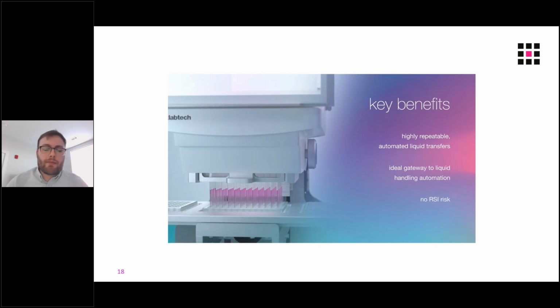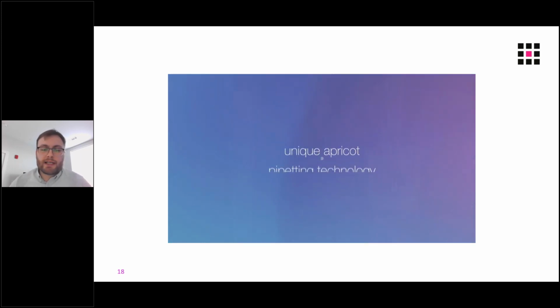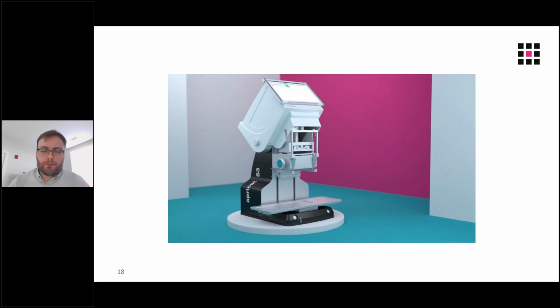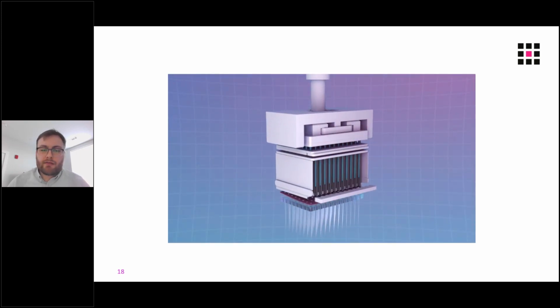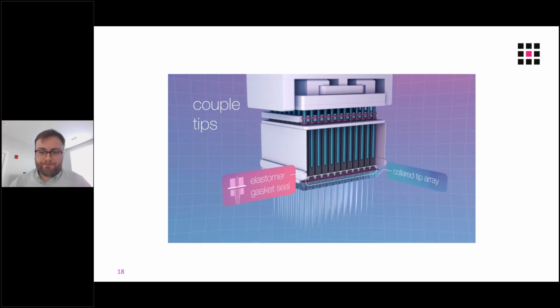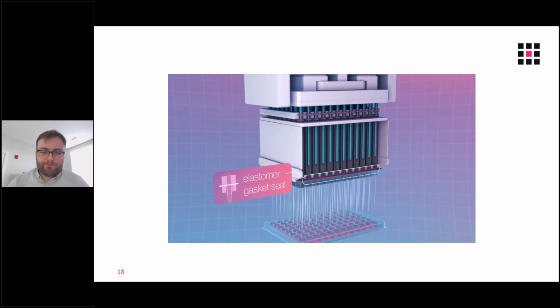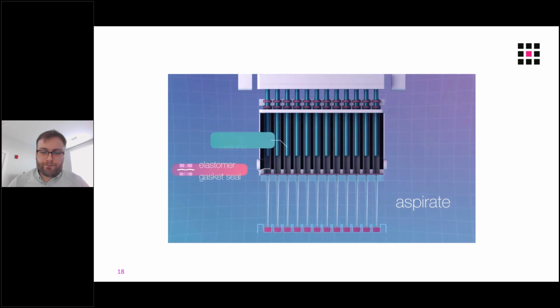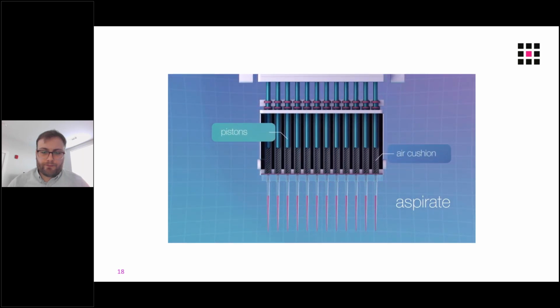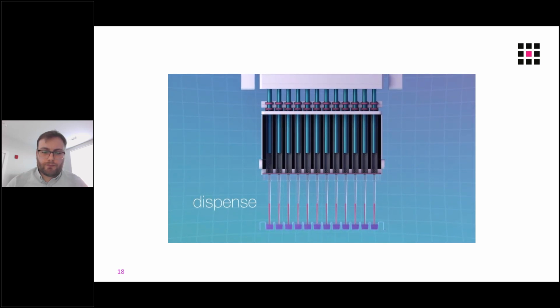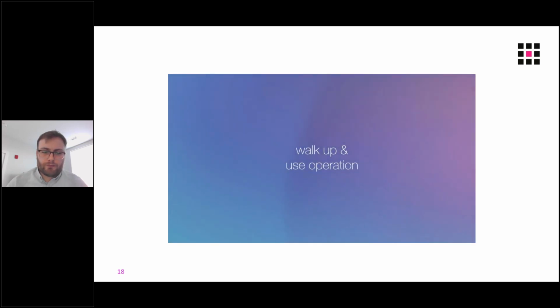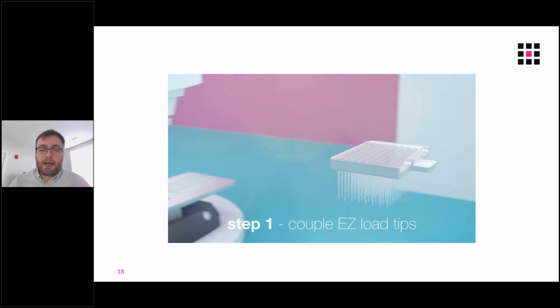Unlike the Mosquito, the Apricot is able to work with deep well blocks, which means it can be used with Hampton blocks. Pipetting core allows you to switch between 96 and 384 if you desire. It's an extremely easy to use instrument, which also doesn't require any coding experience.